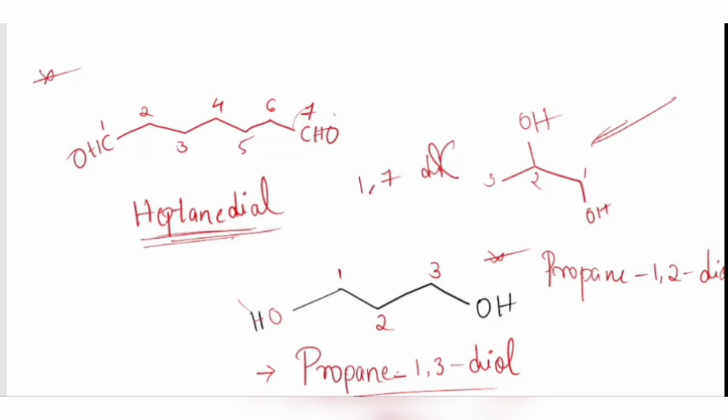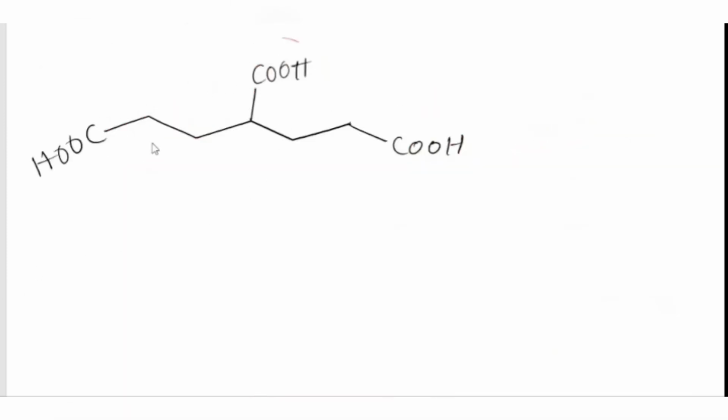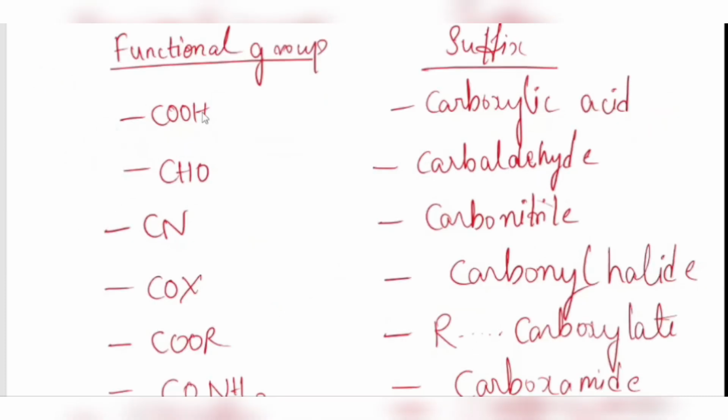Now we'll see some of the rules for this case. Suppose there are 3 functional groups, tri-functional, and the third functional group is also directly attached to the main principal chain. In this case, we have to note down certain suffixes. If the functional group is carboxylic acid, we name it with carboxylic acid as the suffix.